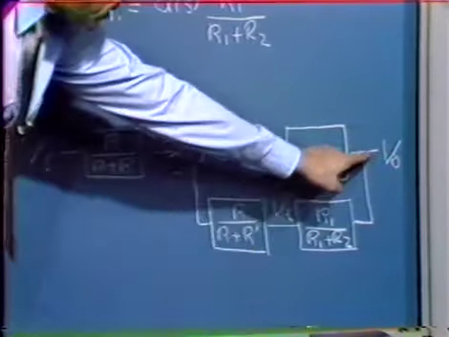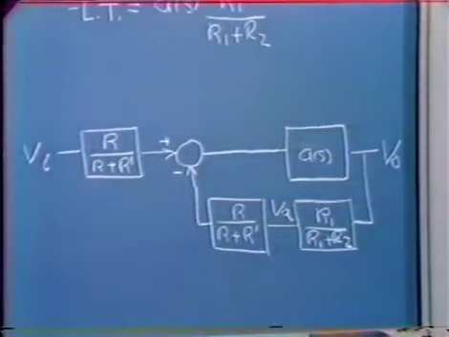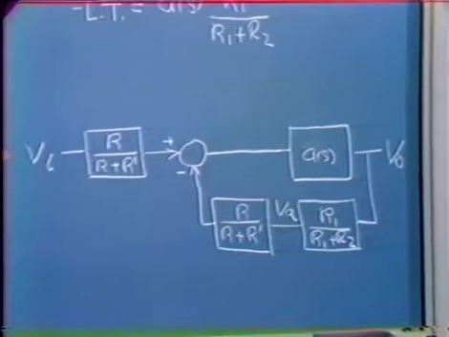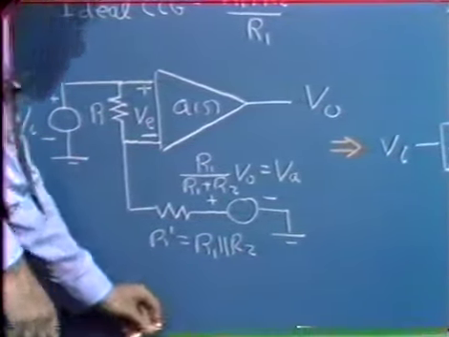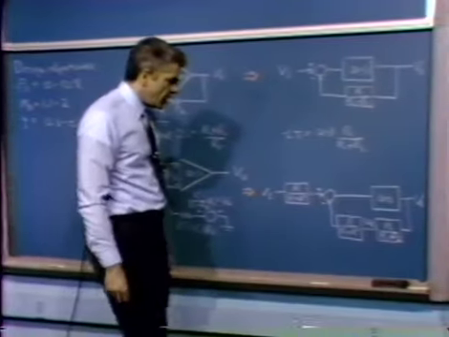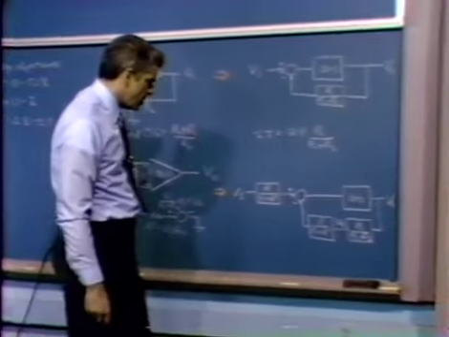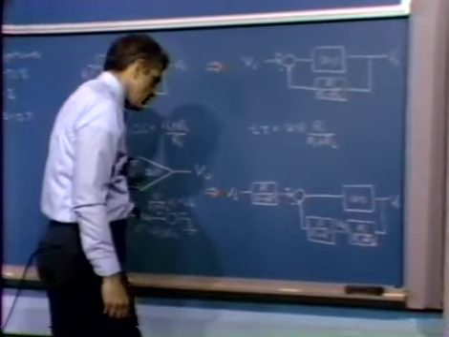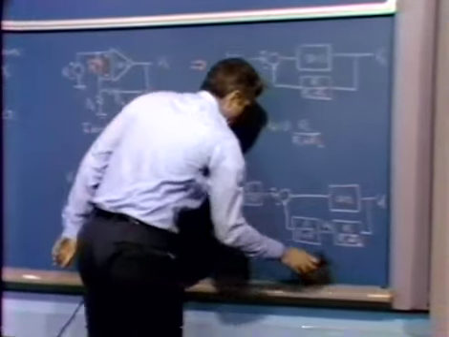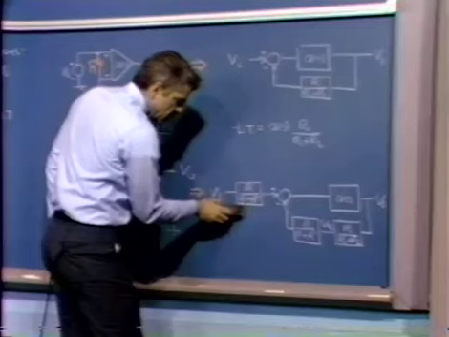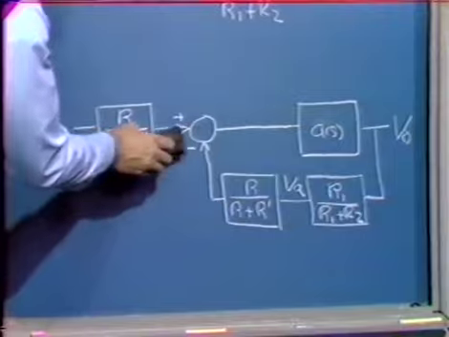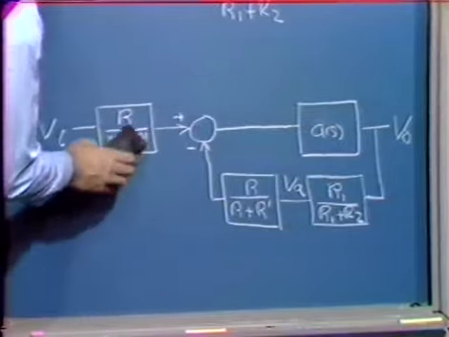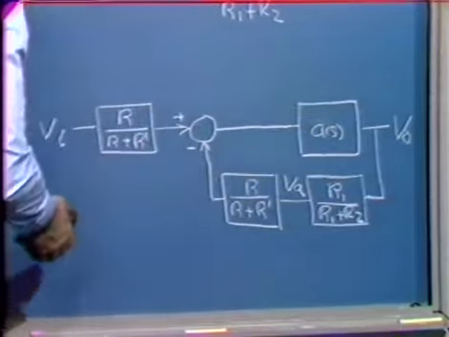Similarly, VA is simply the output voltage scaled by the ratio R1 over R1 plus R2. That's how we define VA over here. So we get that corresponding block diagram. What we're then able to do is do a little bit of block diagram manipulation. And if you remember, in this particular situation, where we have the same factor, R over R plus R prime, on both inputs to a summing point, we're able to slide that quantity past the summing point.